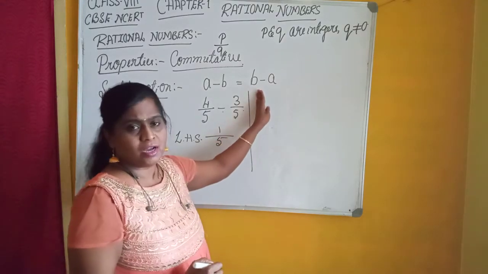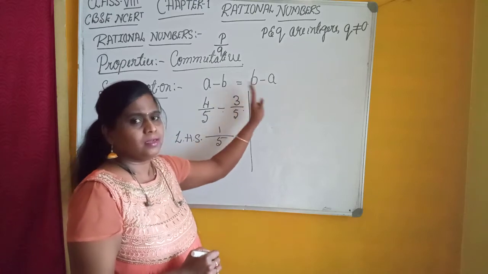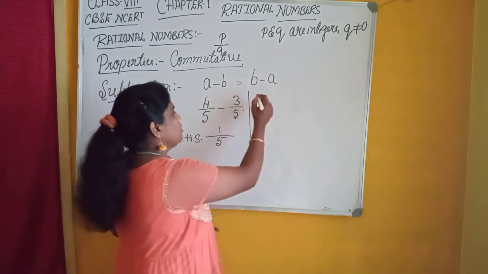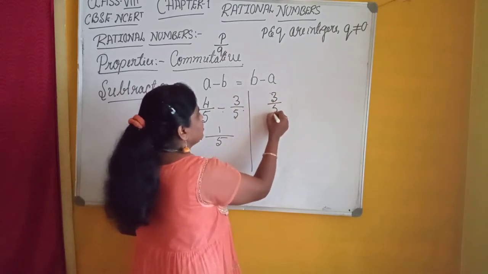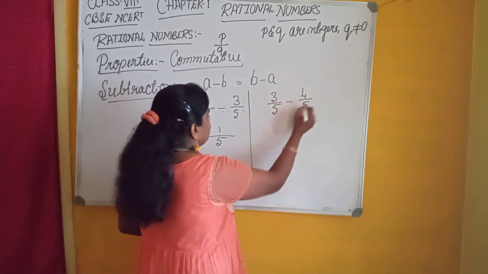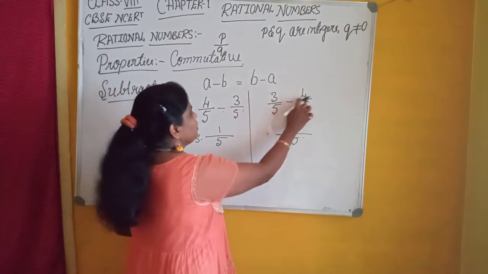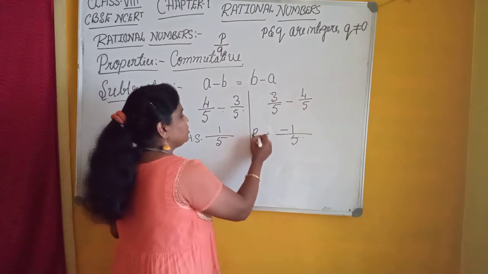Here we are changing the order of the subtraction. We are taking the second rational number first and the first rational number second. That is, 3/5 - 4/5. 3 - 4 is -1, so we got -1/5 in the RHS.